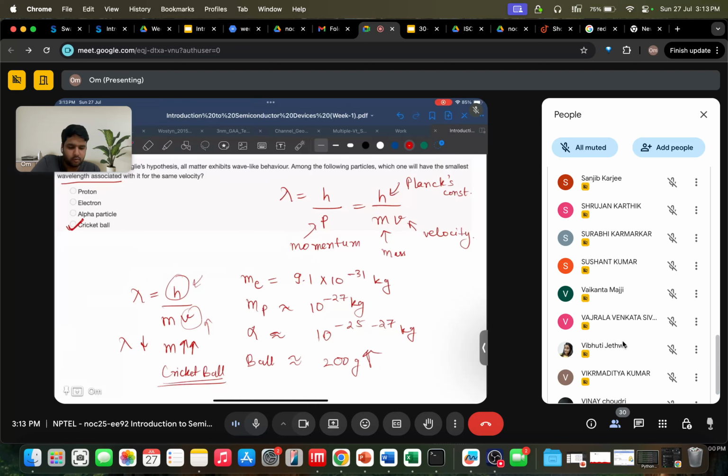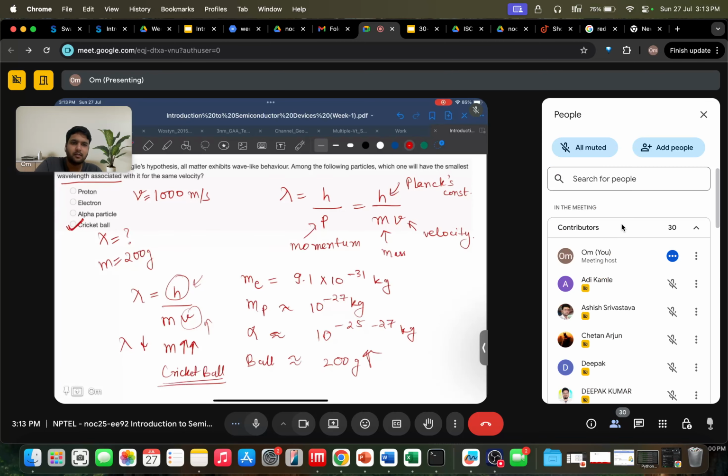Okay, so let us assume the velocity to be, let's say, 1000 meters per second. Can anyone tell me what is the lambda for this cricket ball, if m is 200 grams? Take a minute, try to solve this.